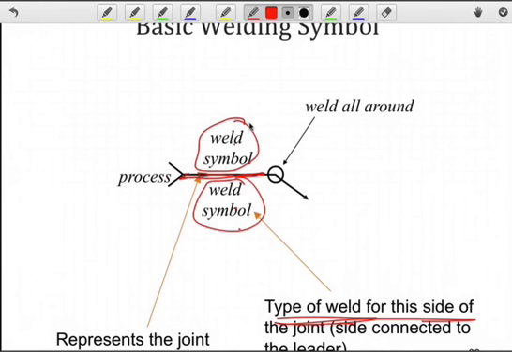And then, similar to what we saw for the profile tolerance, if you have a circle there, it means to weld all around whatever the joint is. And then we could have a process specification of some kind. Note again, there are many variations on the specification for basic welding symbol.